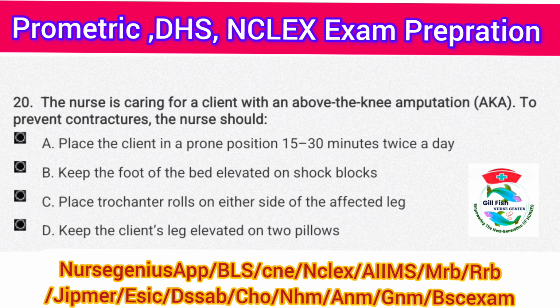So what is the correct answer here? The patient has an above knee amputation, so we have to place the client in the prone position 15 to 30 minutes twice a day. That prevents contracture. So option A will be the correct answer.